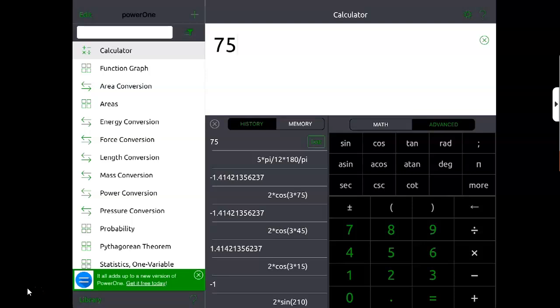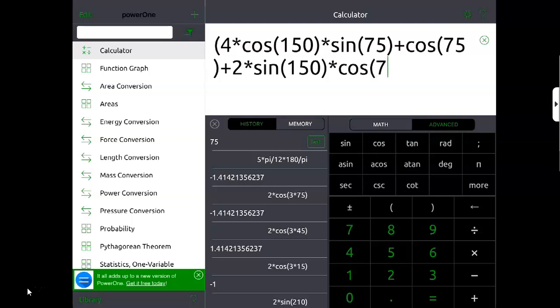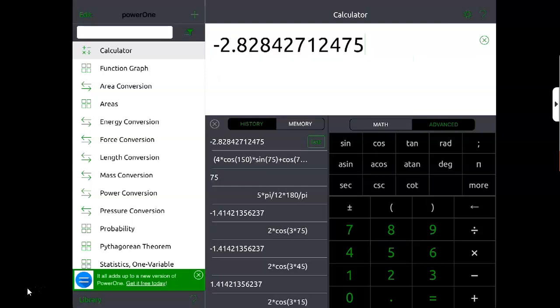So we would go 4 times the cosine of 150 times the sine of 75 plus the cosine of 75 plus 2 times the sine of twice the angle, that would be 150, times the cosine of 75. Okay, so that's my top, and I get negative 2.8284, and so on. Okay, and then I want to compute that in the bottom.